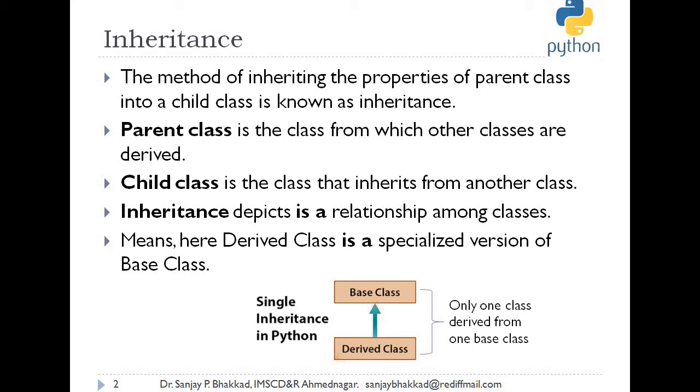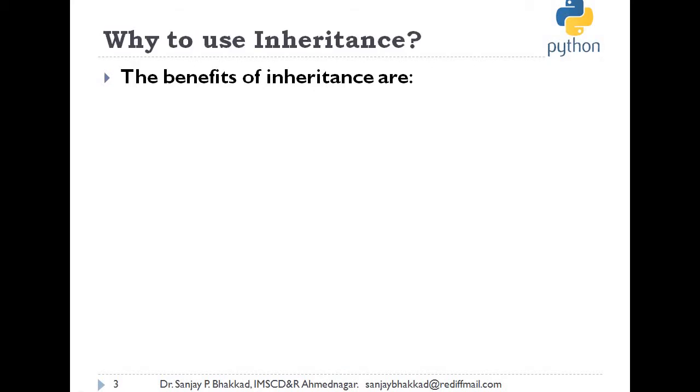In this video I am going to teach you about single inheritance, where only one class is derived from the base class. But before going for the practical implementation, let us first understand why we do inheritance.